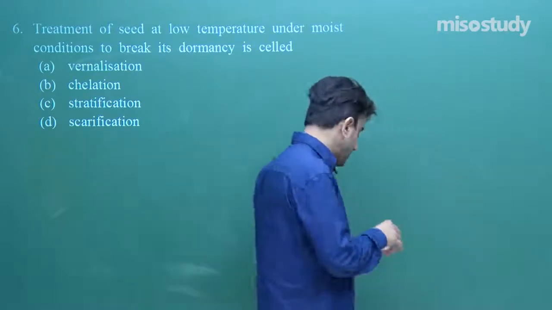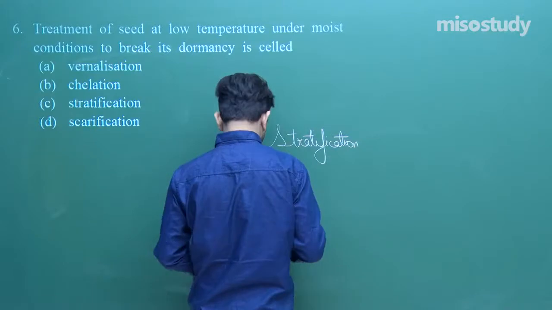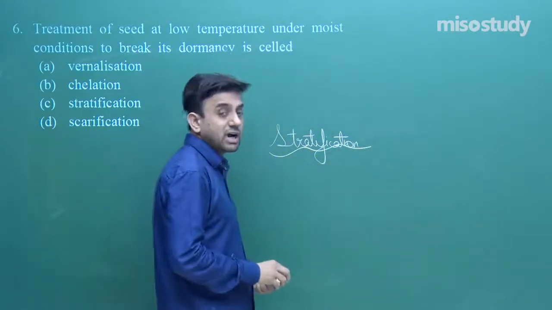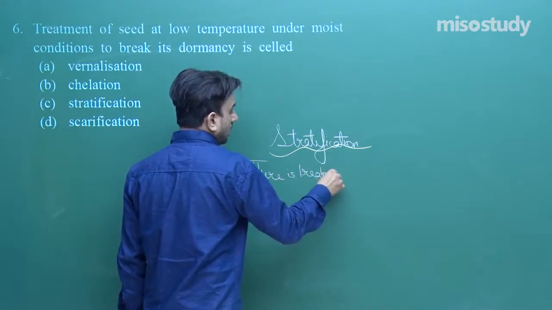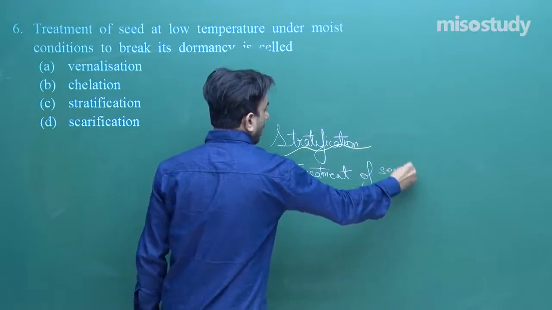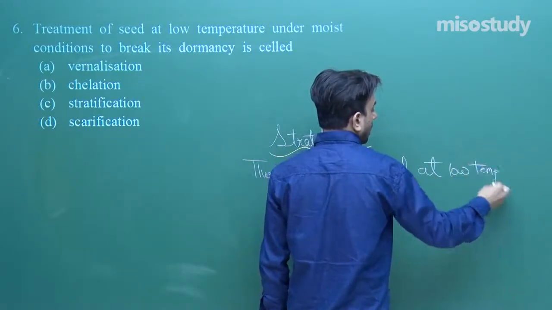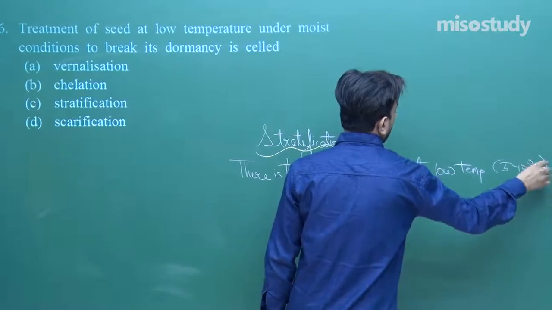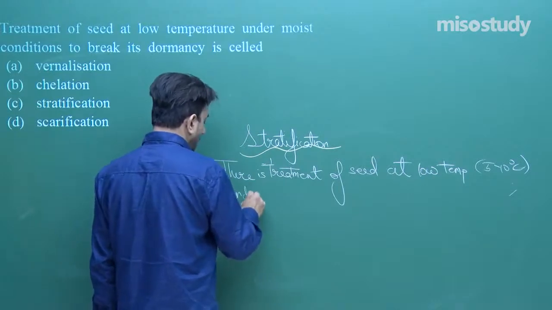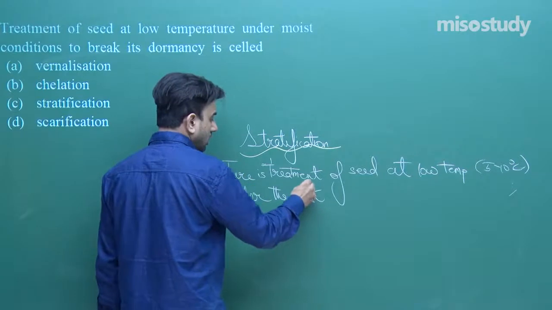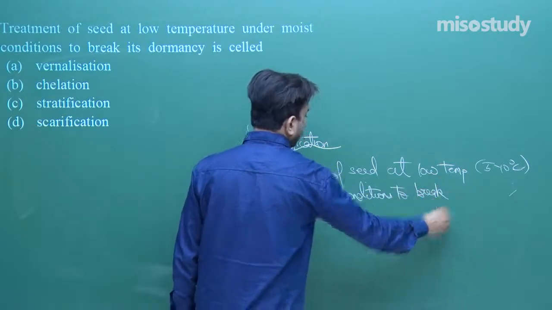But what we see in stratification is treatment of seed at low temperature, 5 to 10 degrees centigrade, under moist conditions to break dormancy.